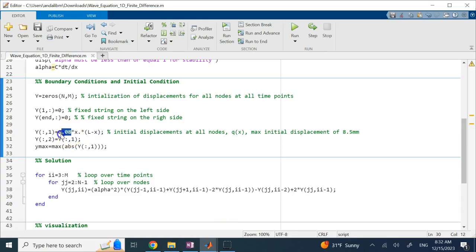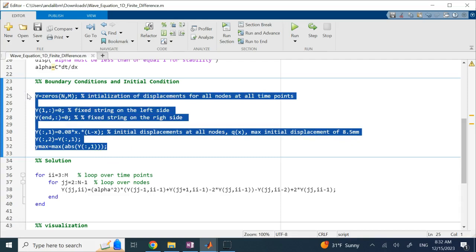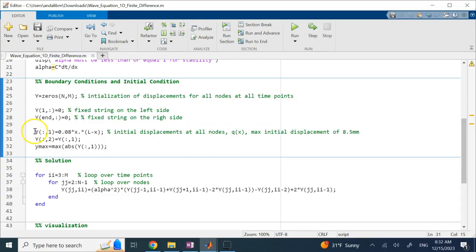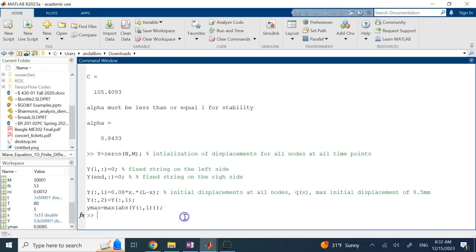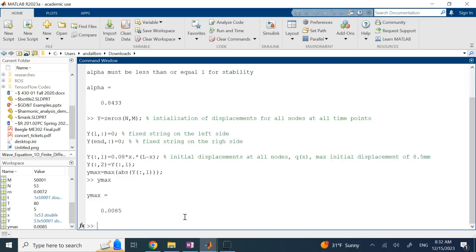Now where did I get this constant from? I picked this constant such that when I run this part, the maximum Y that I get at the beginning, if you look at this Y max, the maximum displacement when I'm plucking the string on the guitar, is about 8.5 mils.